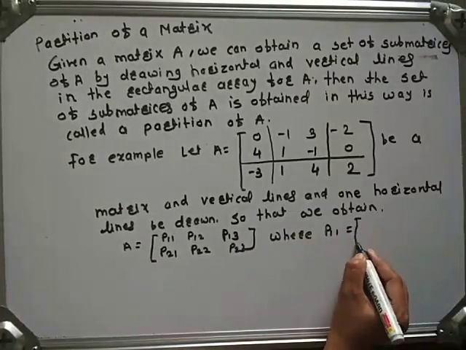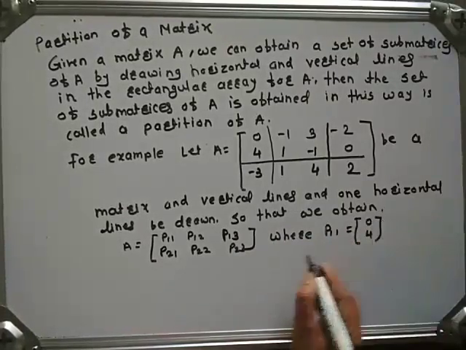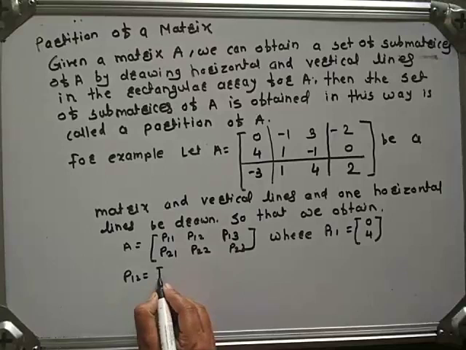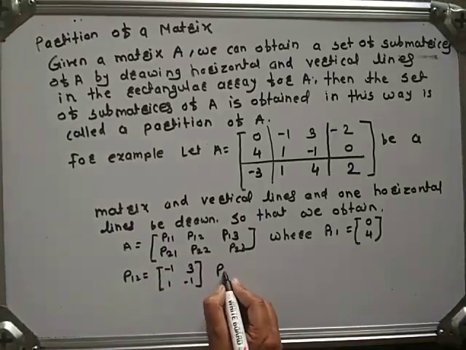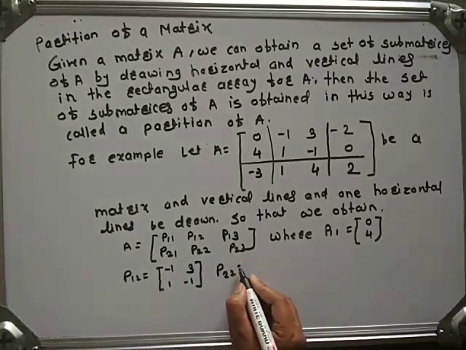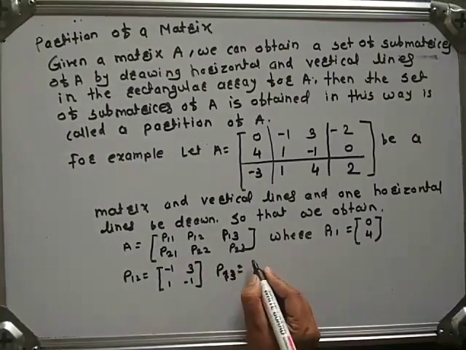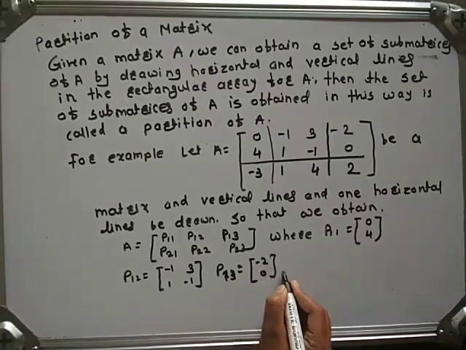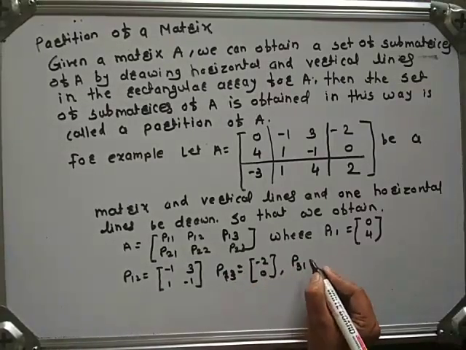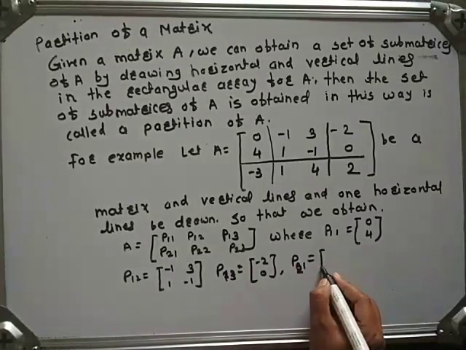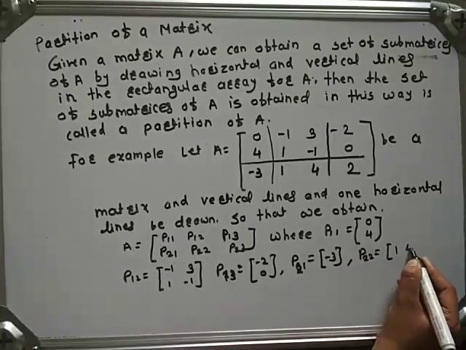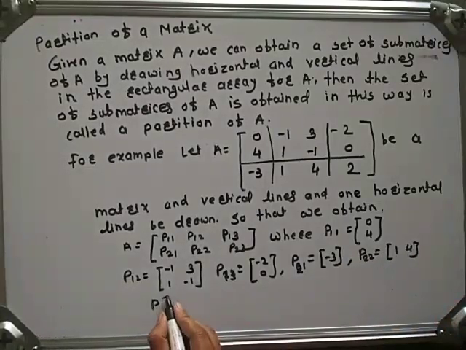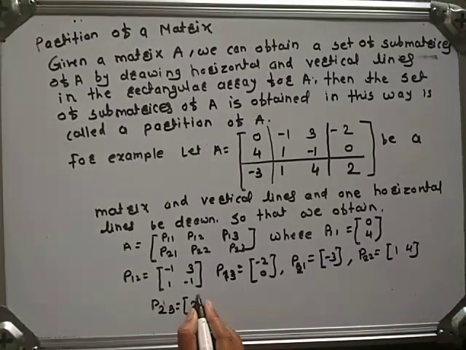P11 is nothing but matrix 0, 4. P12 is equal to matrix -1, 3, 1, -1. P13 is equal to -2, 0. P21 is equal to matrix -3. P22 is equal to matrix 1, 4 and P23 is equal to matrix 2.